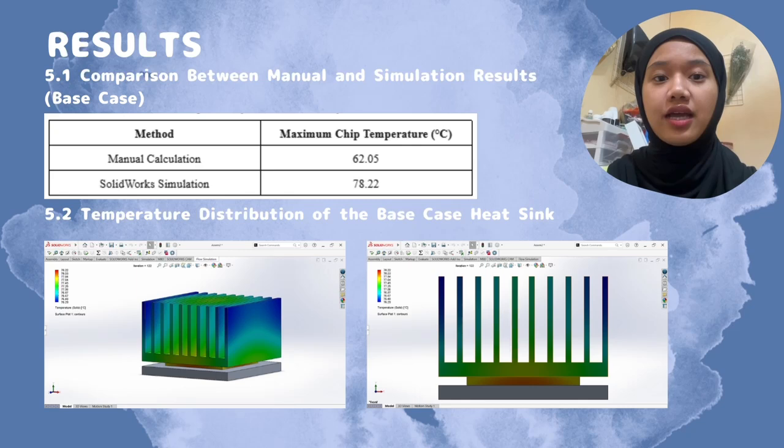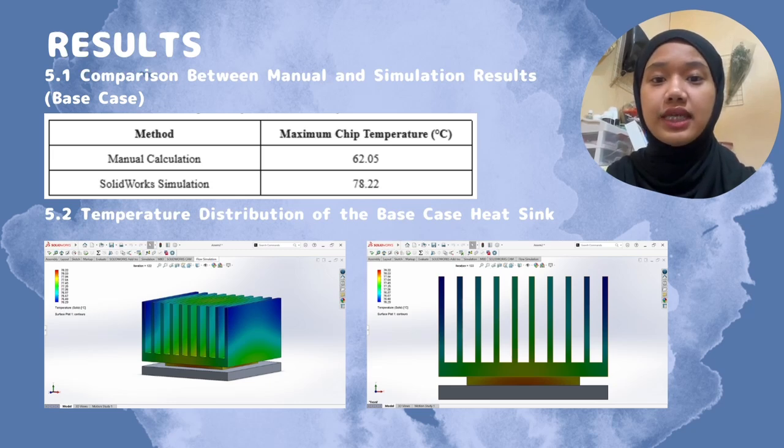Additionally, this design was assessed using SolidWorks flow simulation under natural convection, with the resulting maximum chip temperature compared to the manual findings in Table 5.1. The analysis reveals a significant discrepancy between analytical predictions and simulation results for the base case heatsink, with an estimated maximum chip temperature of 62.05 degrees Celsius compared to 78.22 degrees Celsius from SolidWorks flow simulation.